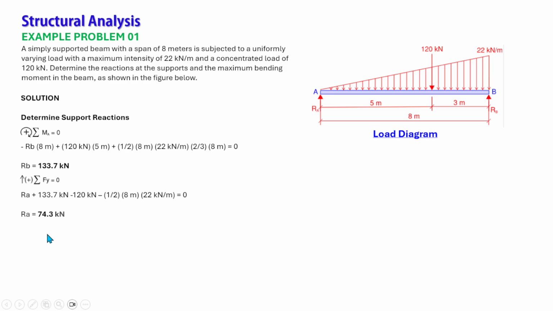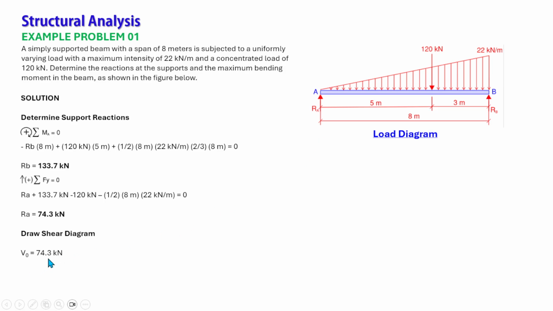So RA is equal to 74.3 kilonewton. Now we have determined the reactions at the supports, and we are ready to draw the shear diagram.